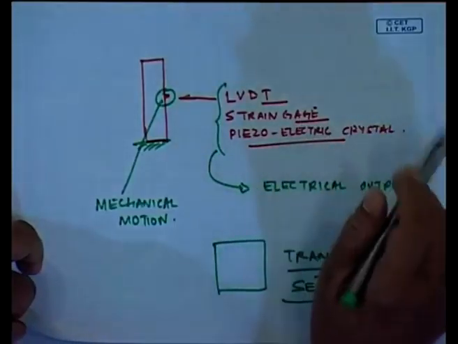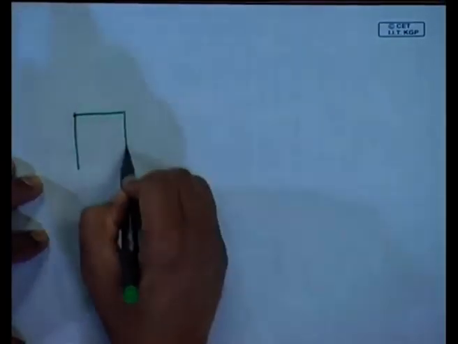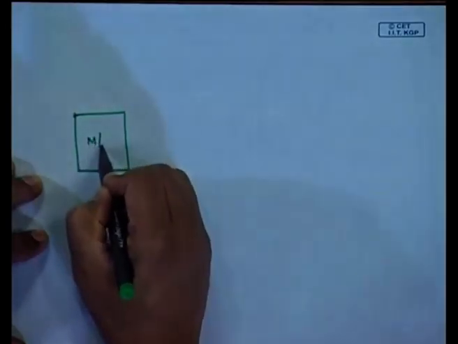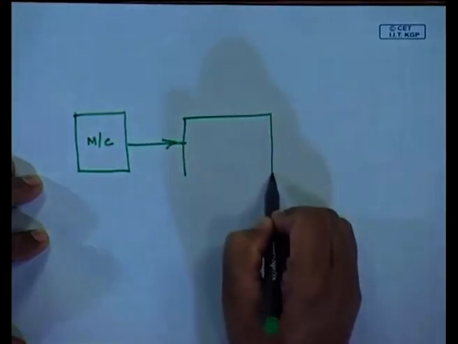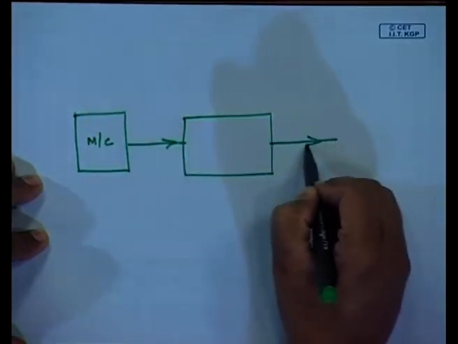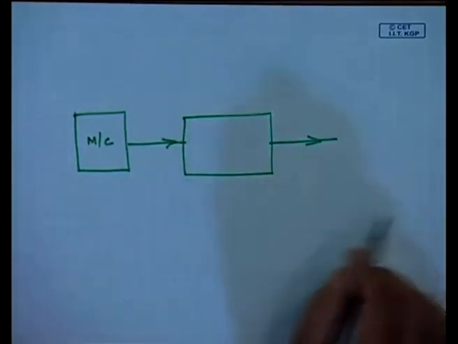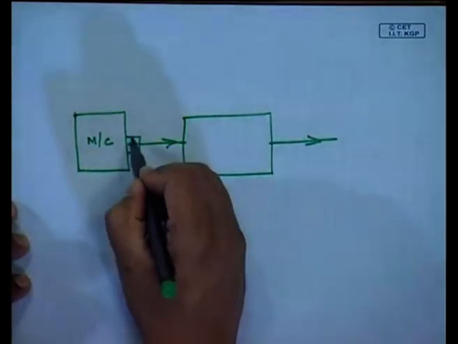So, coming back to our discussions on the sensing element, there could be LVDT, strain gauges, piezoelectric crystal, etc. But between the machine and the display, I have a certain intermediate step wherein I put a transducer.